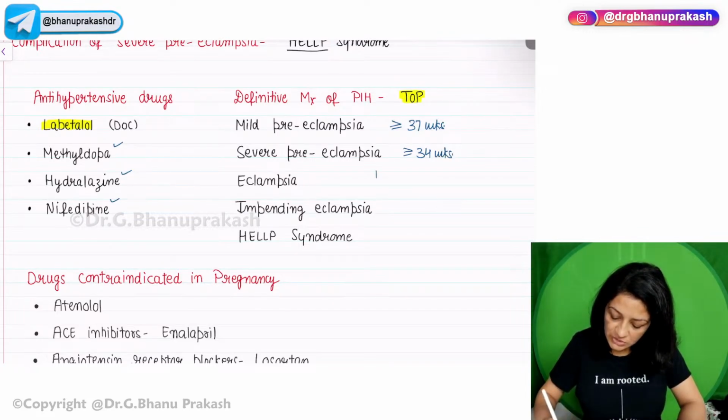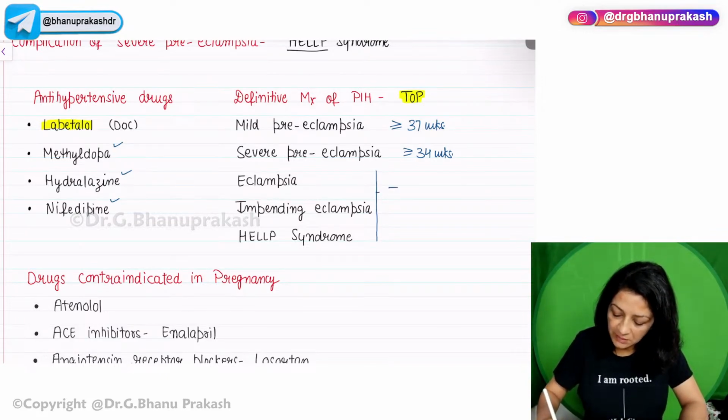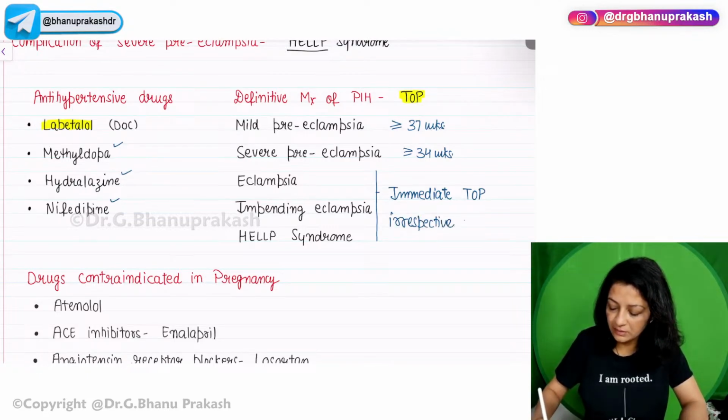But in case of eclampsia, impending eclampsia and HELP syndrome, immediate termination of pregnancy irrespective of period of gestation.